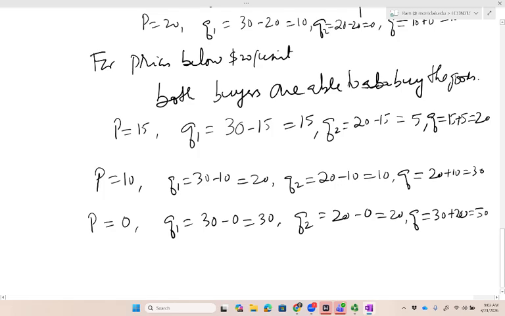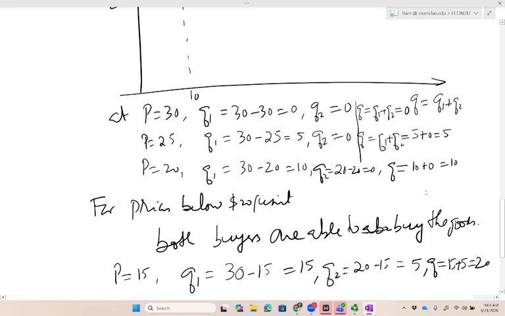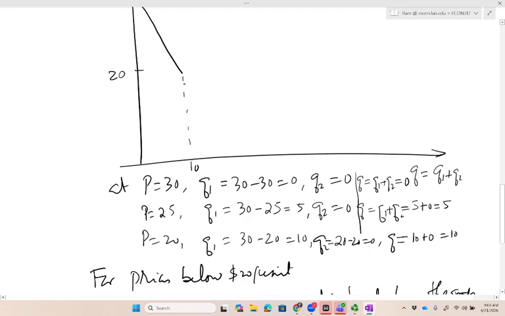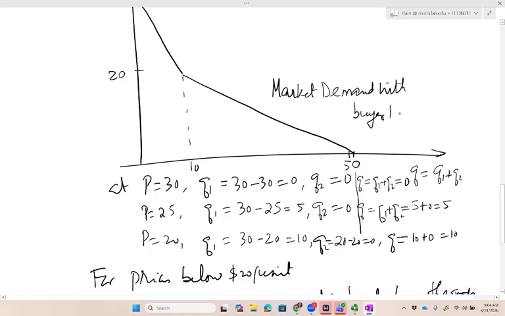And so this is the part I would like to draw in the graph here. So as we reach prices close to 0, the quantity goes up from 10 to 50. And so you can see there, first let me write down, this is the market demand with buyer 1 and buyer 2.